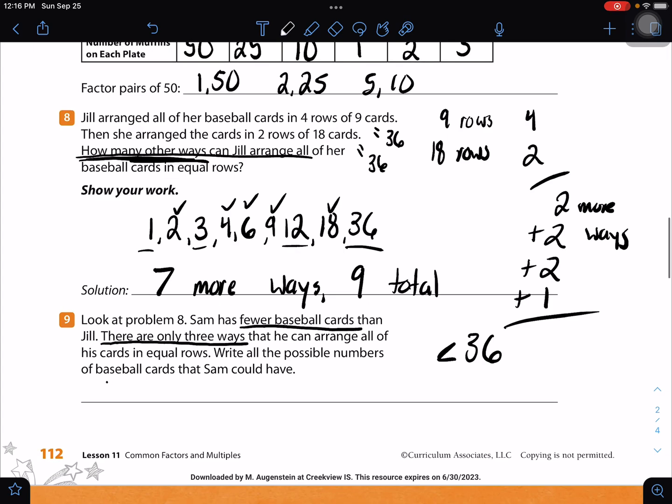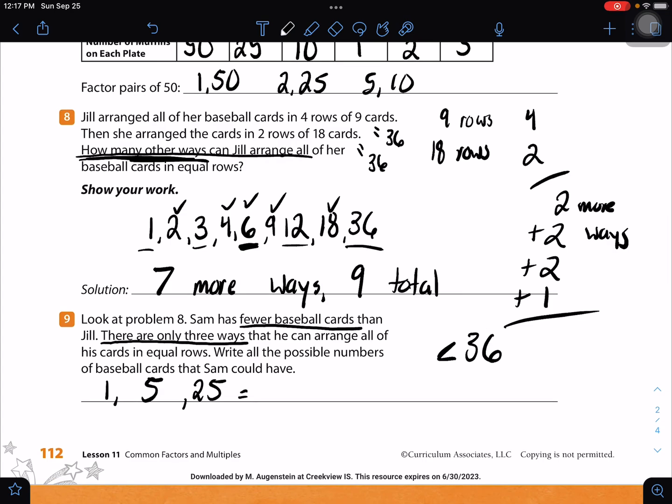So that would mean that it's 1 by itself, whatever that number is, and then something times itself here. Like 6 times 6 was only 1 way. So if we think, it could be that he has 25 cards because 5 times 5 is 25. And this would mean that he can only arrange it 3 ways.